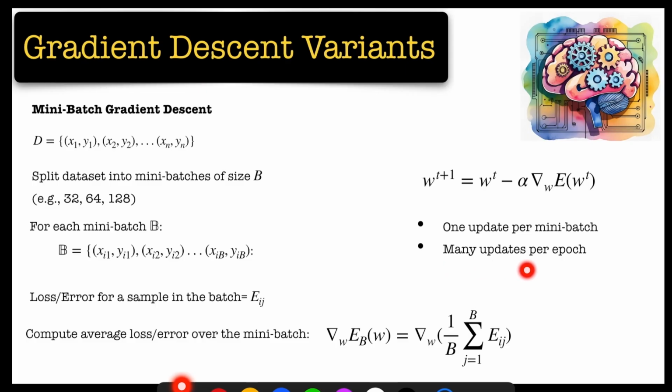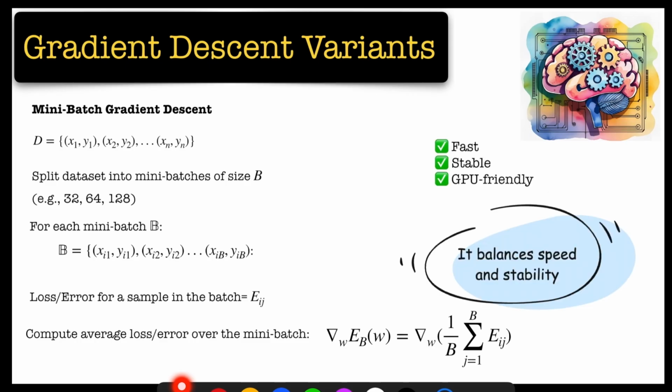We will have many updates per epoch. What is an epoch? An epoch is going over the whole dataset once, right? So if we have divided the dataset into multiple batches, then we'll have multiple updates per epoch. Now, this is very fast, stable and GPU friendly. It actually balances speed and stability.